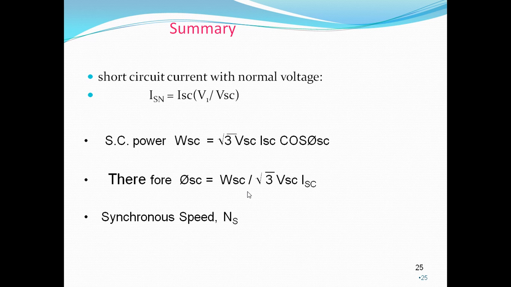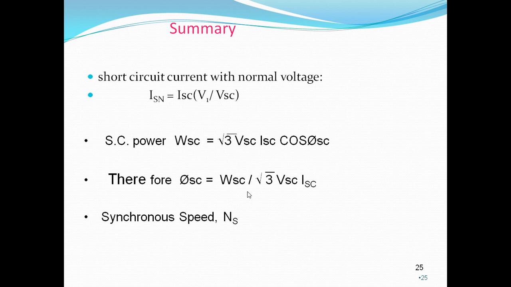So we have calculated from this circle diagram the parameters which are required, that is full load current. We can get the full load current by measuring the distance OP. You measure the distance OP in centimeters and multiply with the current scale.